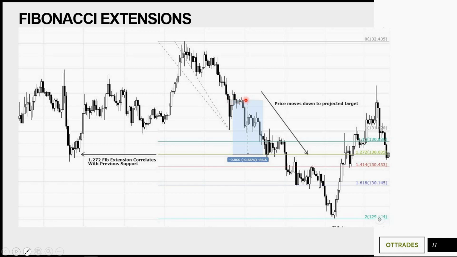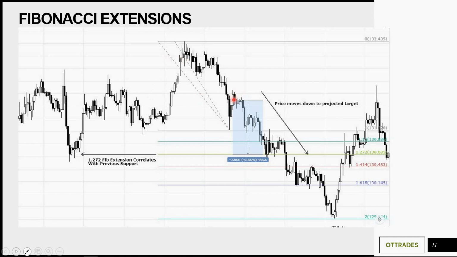So we could enter a trade short at that 382 retracement level here, and we can project our fib levels into the future and potentially use the 1272 area as profit targets because it correlates nicely with the previous support levels.